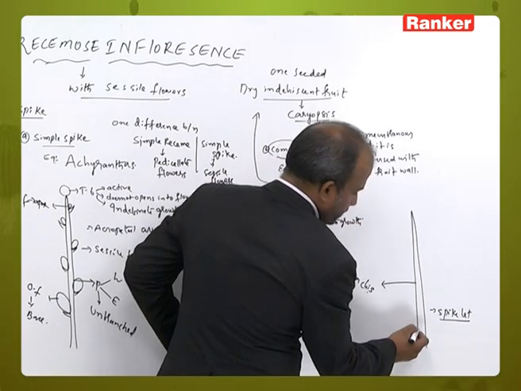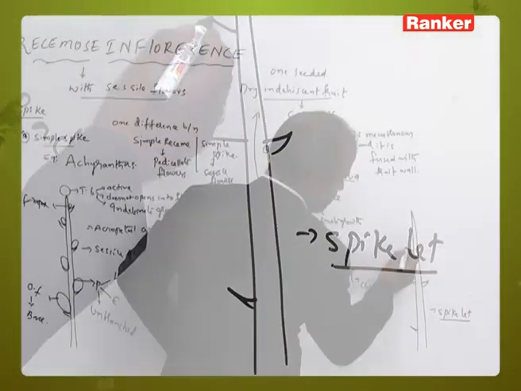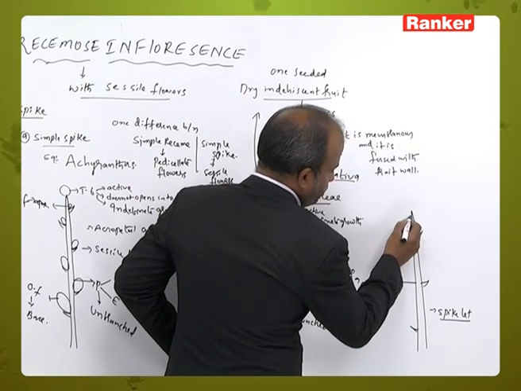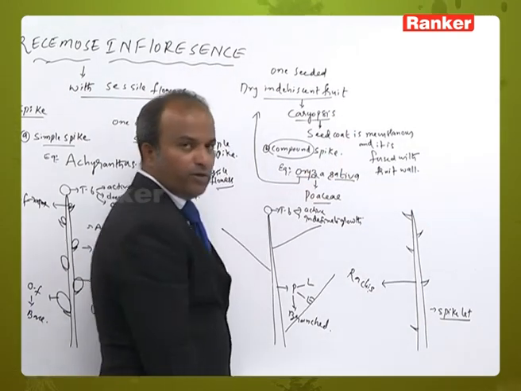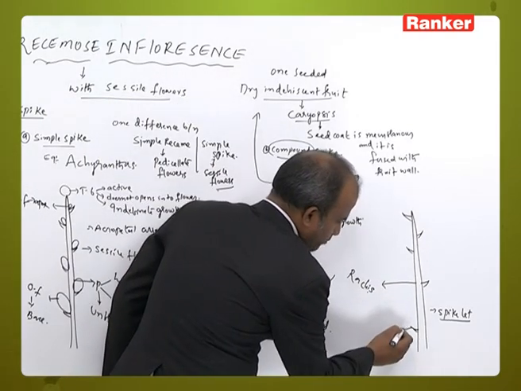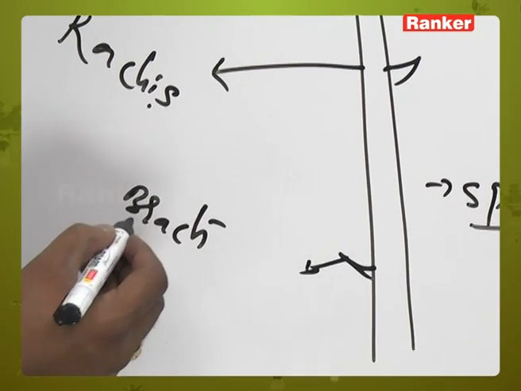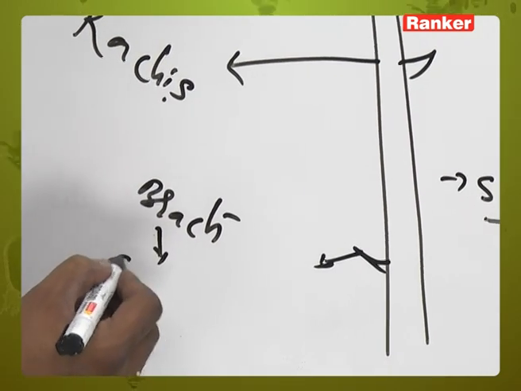On this spikelet, numerous bracts are developing. These bracts are called glumes.